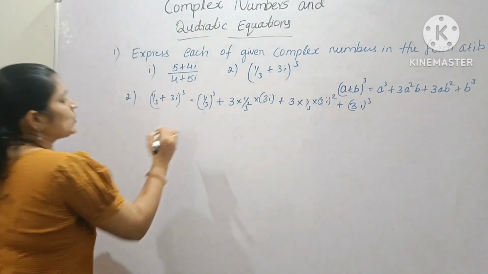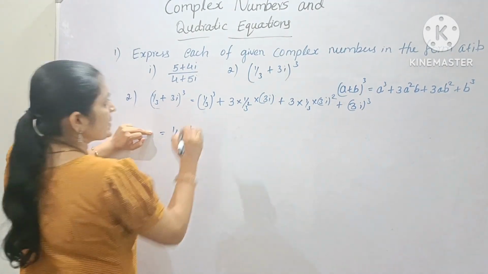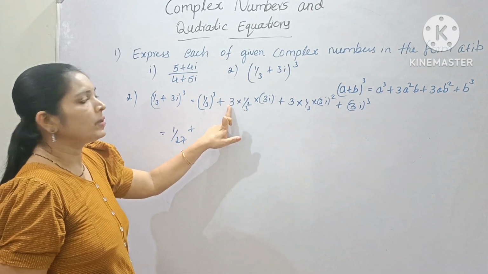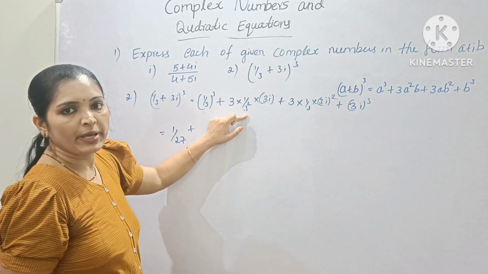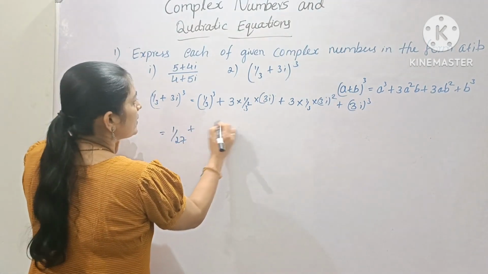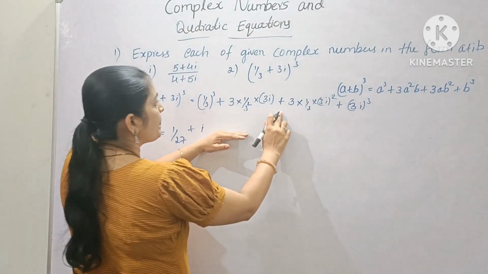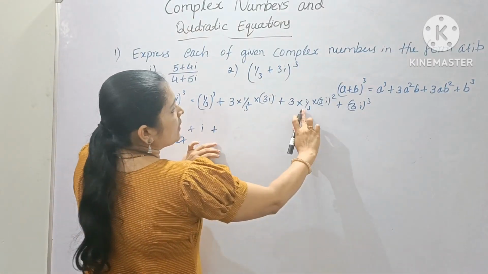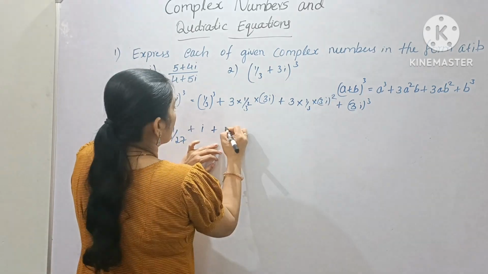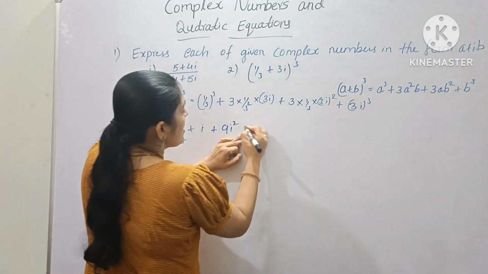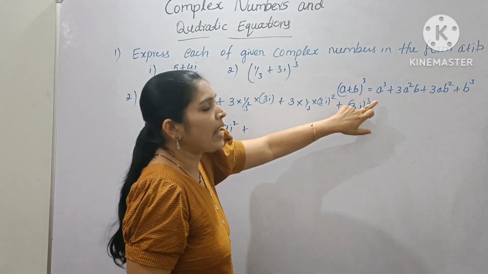Okay, that is equal to, here 1/27 plus, here 3² in the numerator also, 3 into 3, 3², it will be cancelled. Then remaining i, plus, here 3 cancelled, so 3² is 9, 9i², plus 3³ is 27, 27i³.